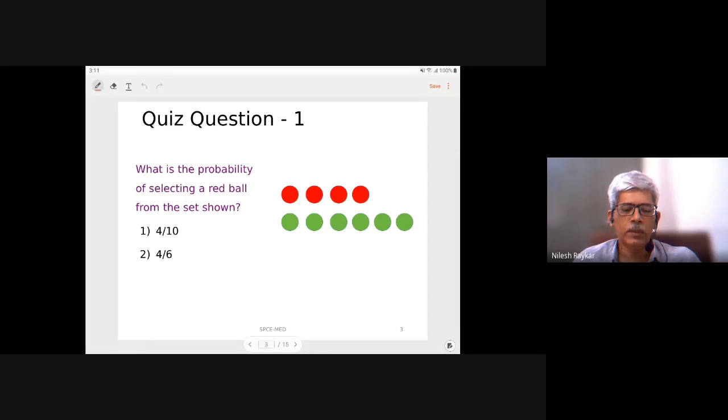You have to tell, if you pick a ball randomly, what is the probability of selecting a red ball. This is something from maybe 12th standard or 10th standard maths.